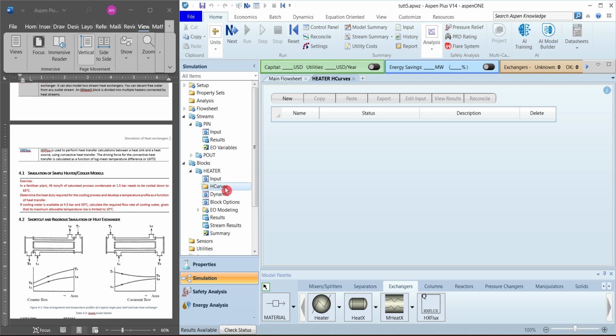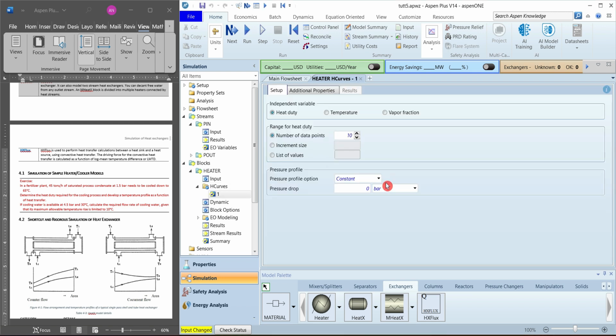We can plot the temperature versus heat duty inside the two temperature limits. For that purpose, we have to go to the second option under the block, H curve, and create a new H curve. The page is very straightforward.